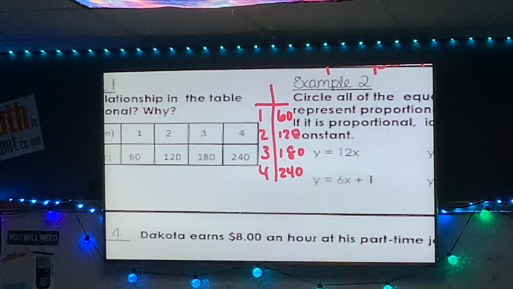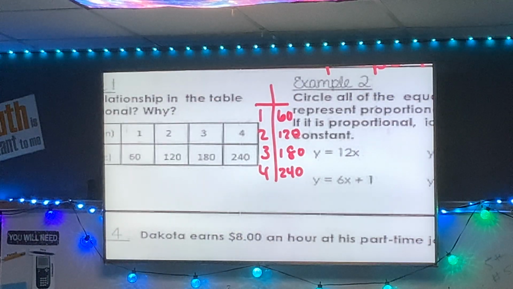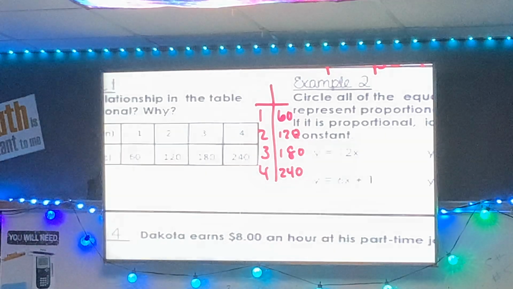And you are looking at what your y-intercept is. That is all you're looking at. And if your y-intercept is 0, it's proportional. If it's not, it's non-proportional. That's it. That's today's whole lesson.